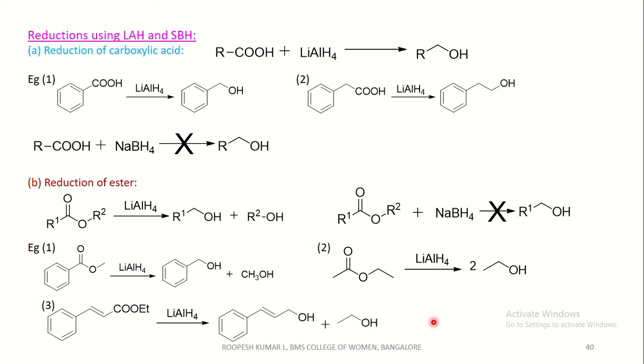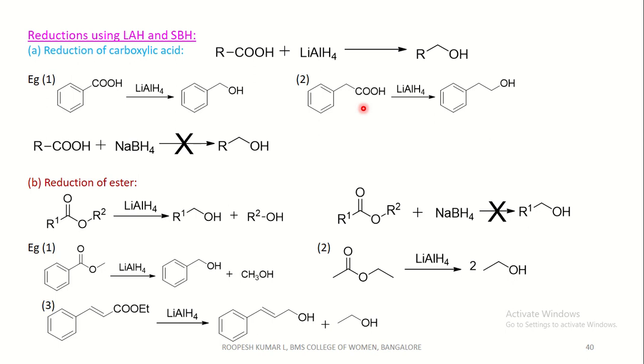Now let's see reductions using lithium aluminum hydride as well as sodium borohydride. Reduction of carboxylic acid: carboxylic acid gets reduced to alcohol in the presence of LAH. Coming to the example, benzoic acid gets reduced to benzyl alcohol in the presence of LAH.